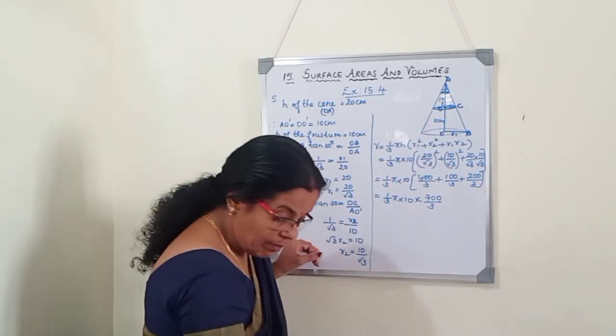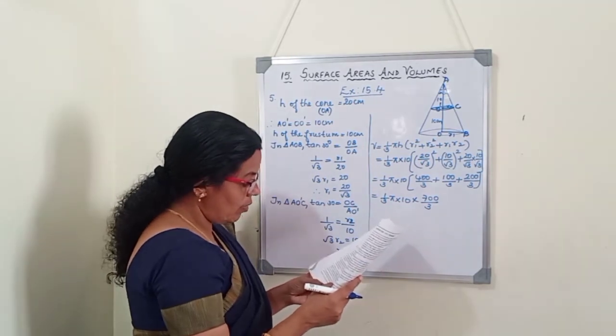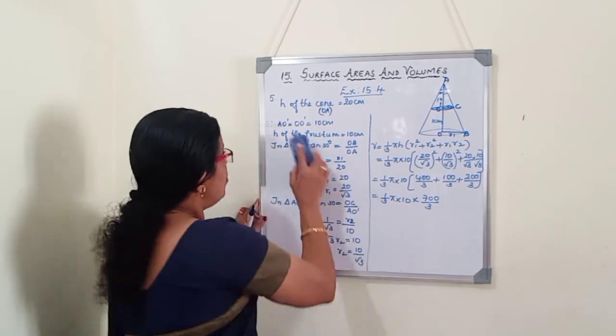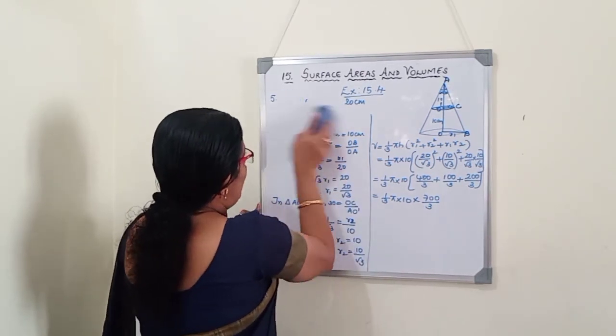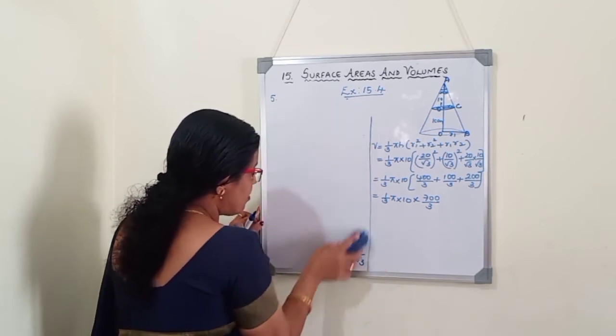Now this frustum has been drawn into a wire of diameter 1 by 16 centimeter. Find the length of the wire. So, the wire is in the shape of a cylinder.